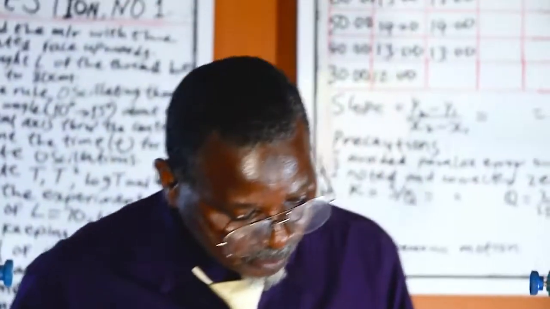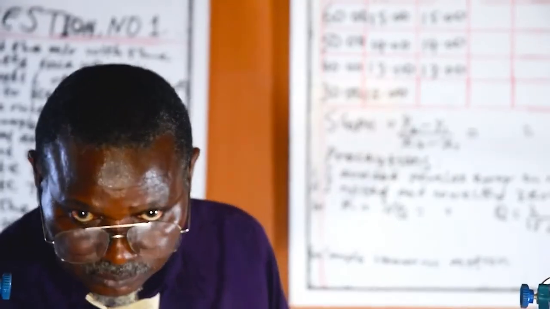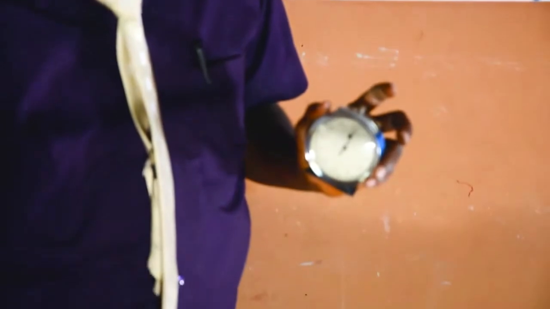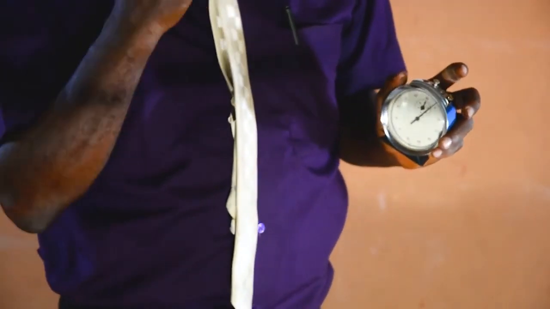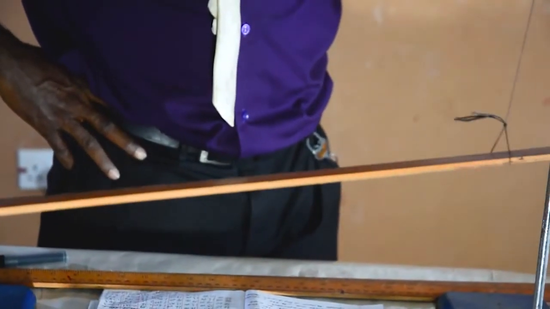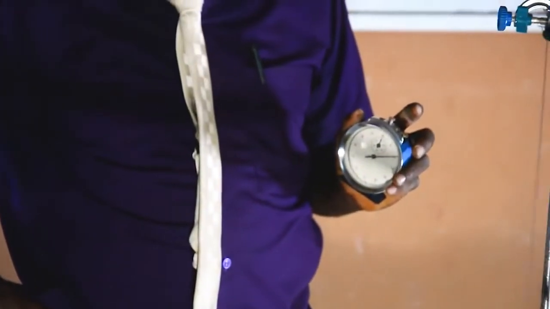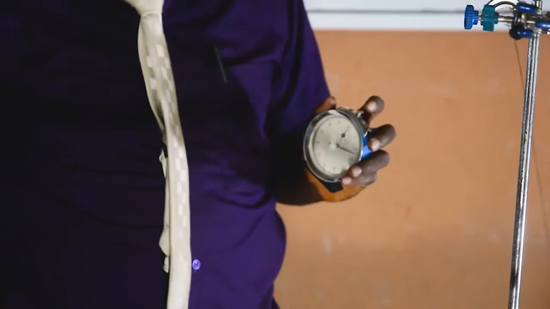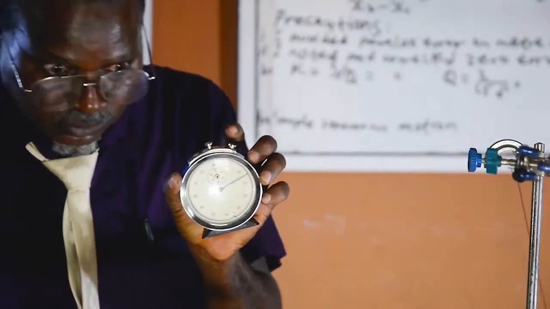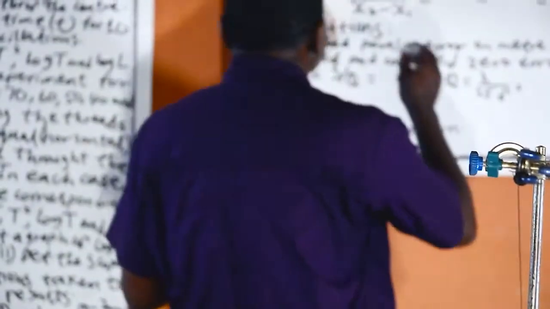Want to repeat it this way. 1, 2, 3, 4, 5, 6, 7, 8, 9, 10. This is 12 seconds for length of 30 centimeters.